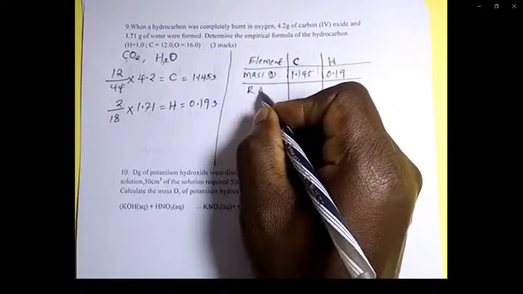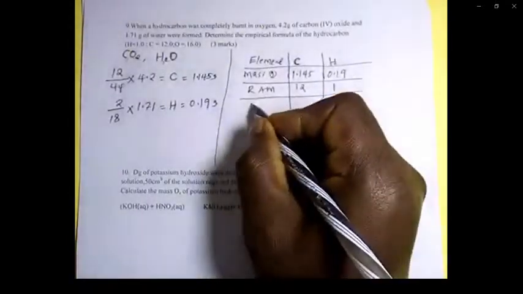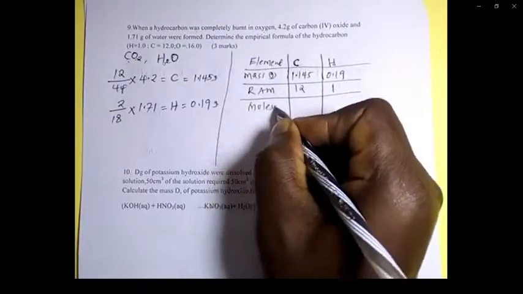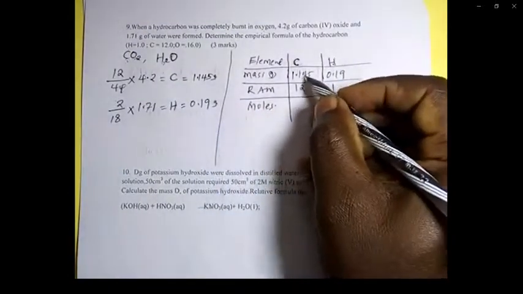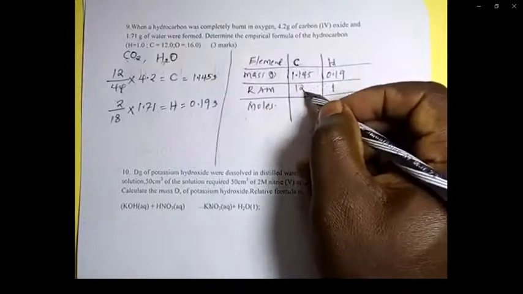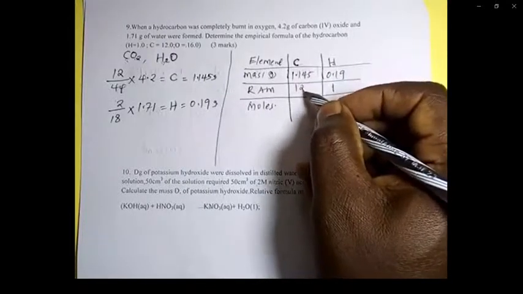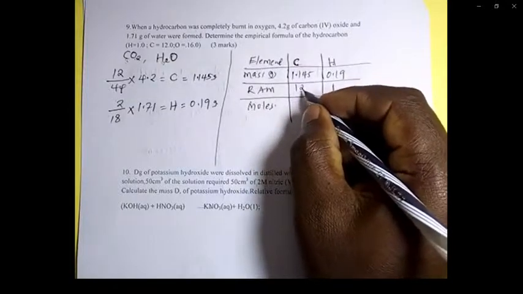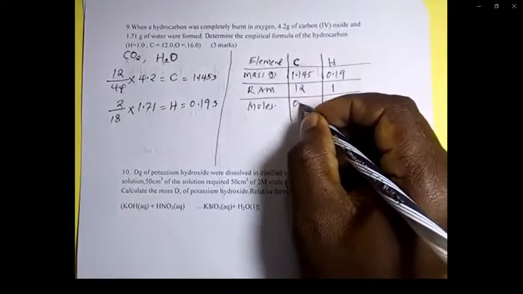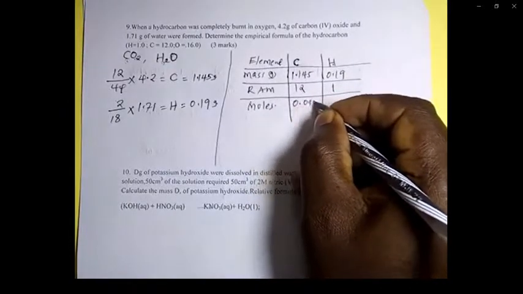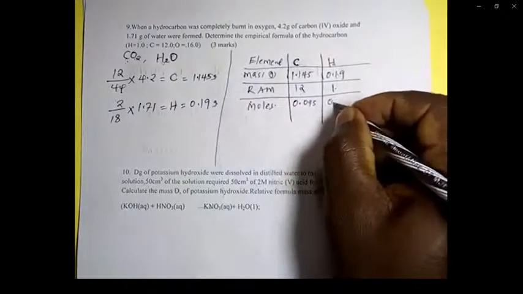The next thing is the RAM. RAM of carbon is 12, hydrogen is 1. The next thing is the number of moles. How do you get moles? Moles is mass divided by RAM. So we have 0.095 for carbon, and for hydrogen 0.19 divided by 1 gives 0.19.